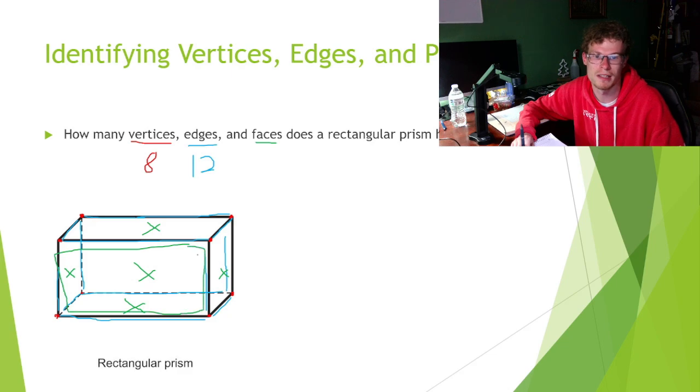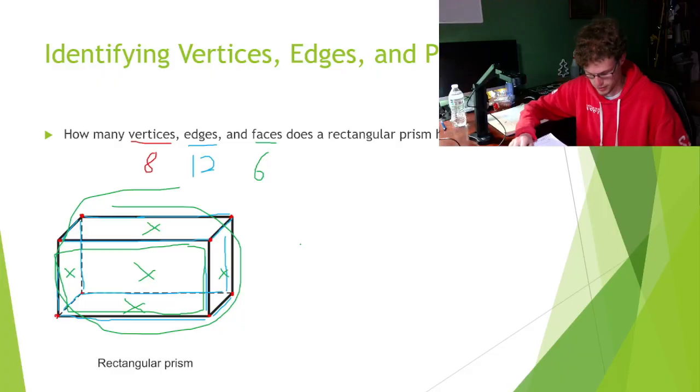So that makes 1, 2, 3, 4. The 5th one in the back, and then the 6th one in the front. So there are 6 faces to a rectangular prism, 12 edges, and 8 vertices. That is your solution for this one. So vertices, faces, and edges.